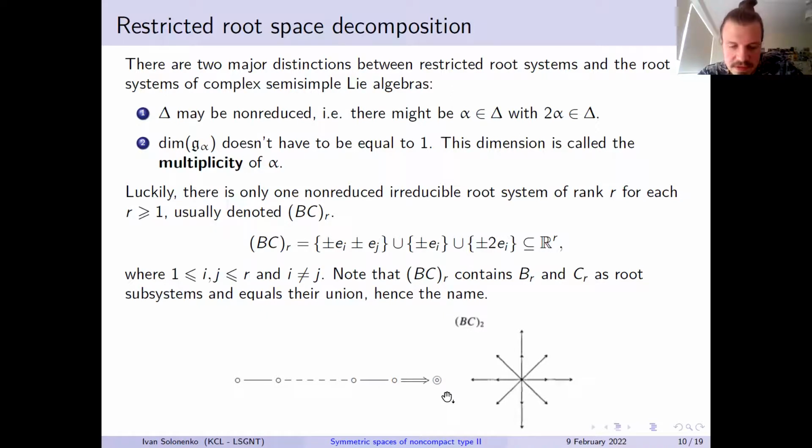It looks like this. So here, there is one simple root whose double is also a root, and we denote it with these two circles with the same center. So it's the vertex on the right. So this is the root system. This is the Dynkin diagram.